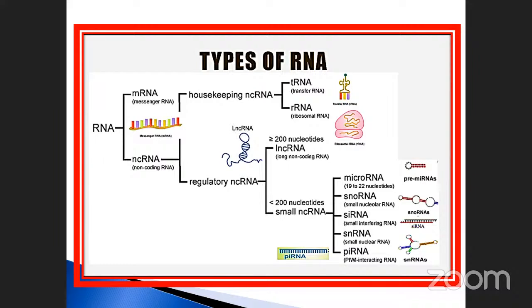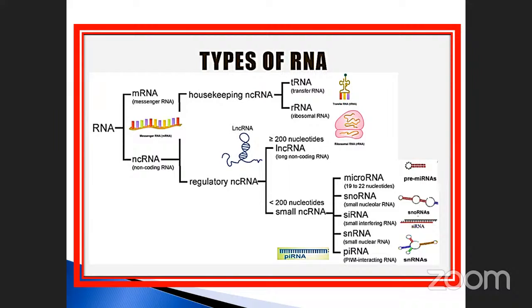Regulatory ncRNA may be divided into 2 types. lncRNA, so long non-coding RNAs, are equal to or more than 200 nucleotides per NEET. Fewer than 200 means small ncRNA. So the microRNA, snRNA, siRNA, piRNA. So these are the examples.